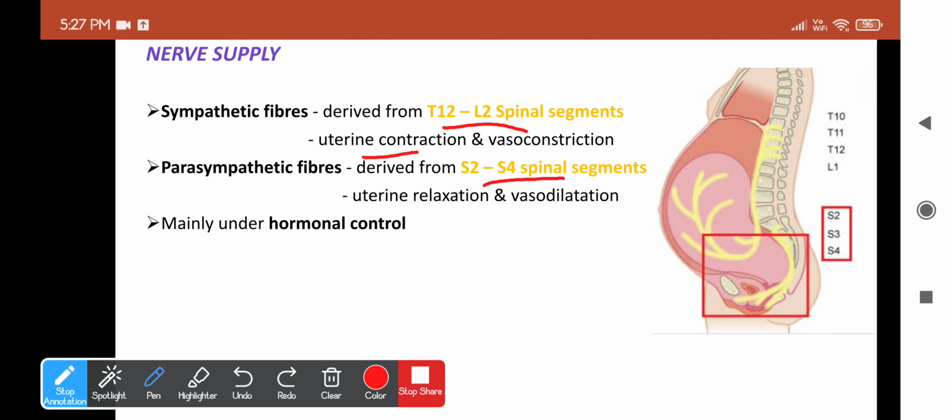The parasympathetic fibers are mainly responsible for uterine relaxation and vasodilation, and they mainly include the pelvic splanchnic nerves. The uterus is actually controlled by hormones, and nerve regulation is not of much importance. Mainly the female sex hormones are the ones governing the function of the uterus.